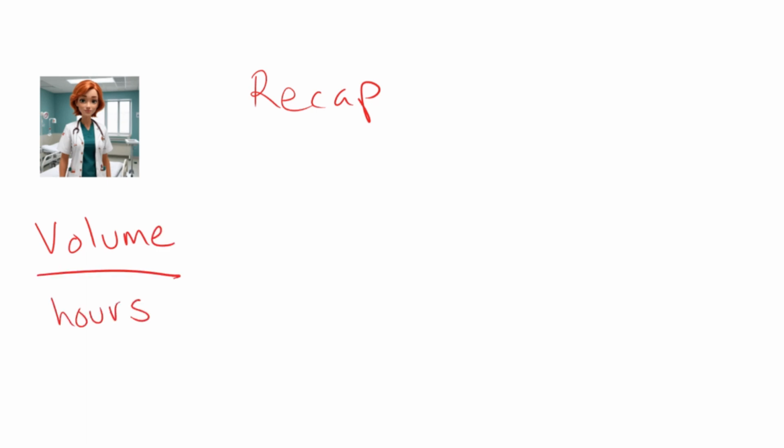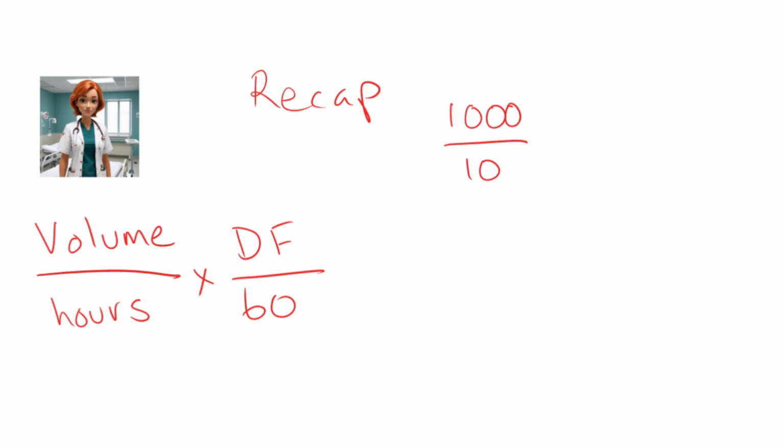So to recap, the formula is volume over hours times drop factor over 60. So putting it all together, we have 1,000 mils over 10 hours times a drop factor of 20 over 60.